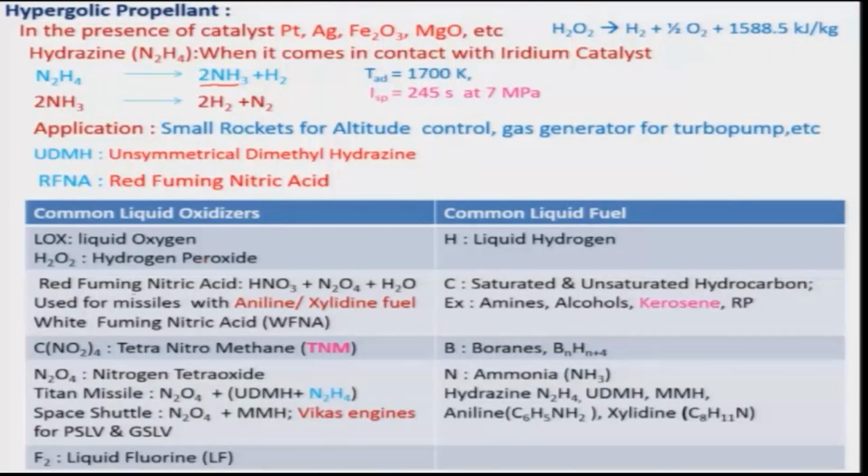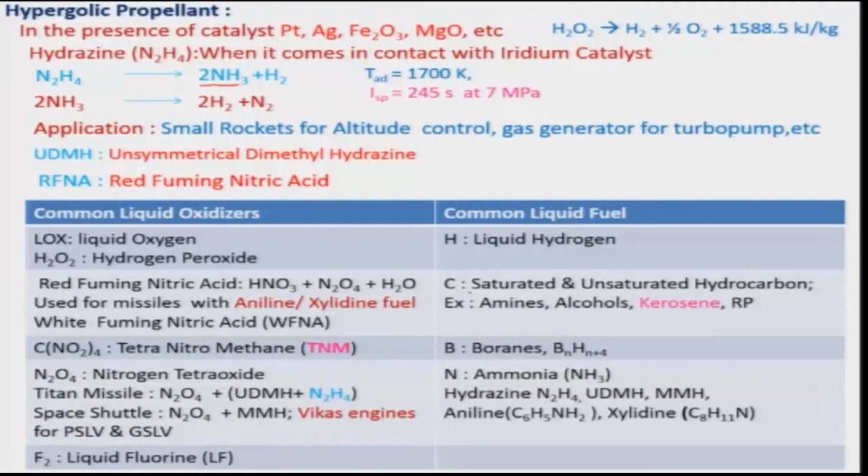As I told earlier, red fuming nitric acid is basically a mixture of nitric acid, nitrogen tetroxide and a certain percentage of water, and it is used for missiles with aniline and other fuels, also UDMH. Whereas white fuming nitric acid is a liquid oxidizer which is a little less toxic in nature, as it does not contain nitrogen tetroxide, or only a very minimal, maybe negligible percentage.